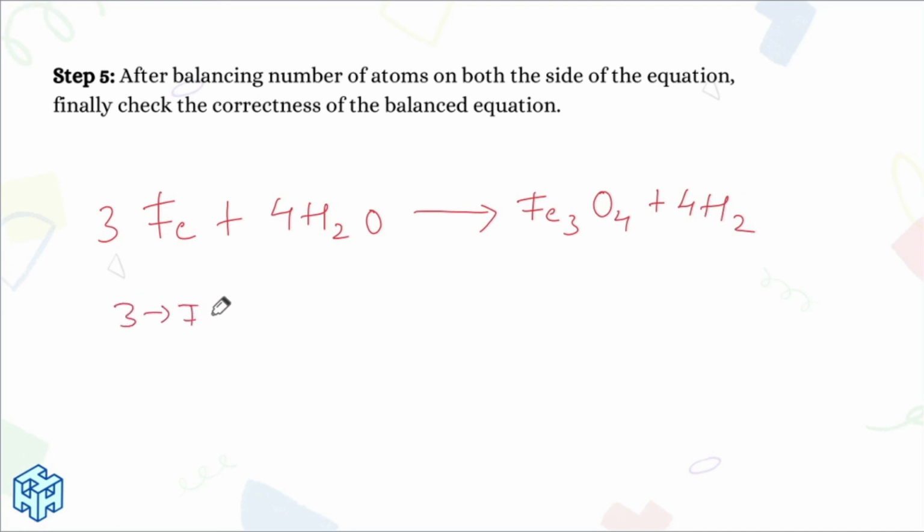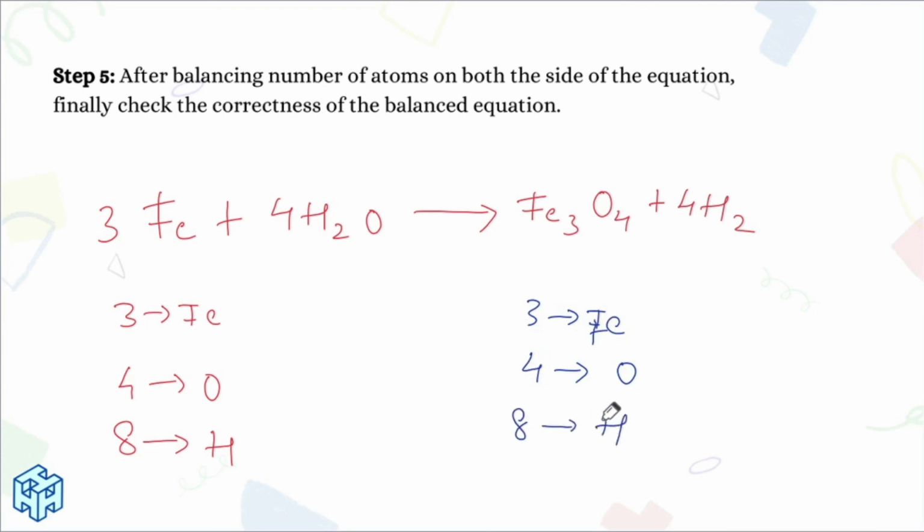Now let us perform our work. 3 ferrous atoms, 4 oxygen atoms, 8 hydrogen atoms. Here 3 ferrous atoms, 4 oxygen atoms, and 8 hydrogen atoms.